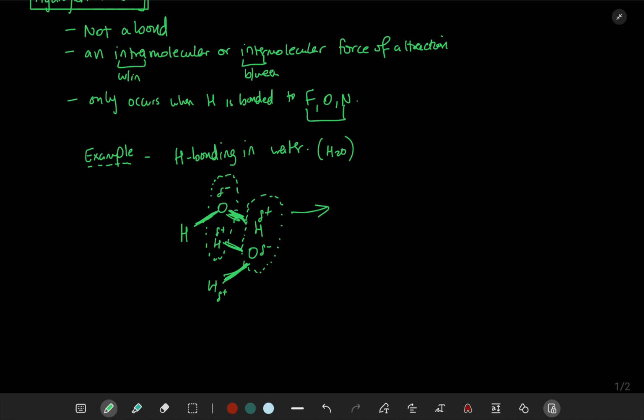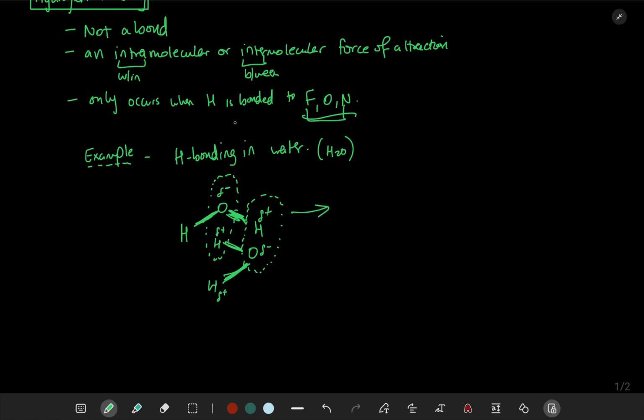Now the caveat to hydrogen bonding is that they only form when there's a polar covalent bond between hydrogen and, like we said, fluorine, oxygen, or nitrogen. In other words, between hydrogen and a highly electronegative atom. So why is that? Well, first of all, let's write that down, right?